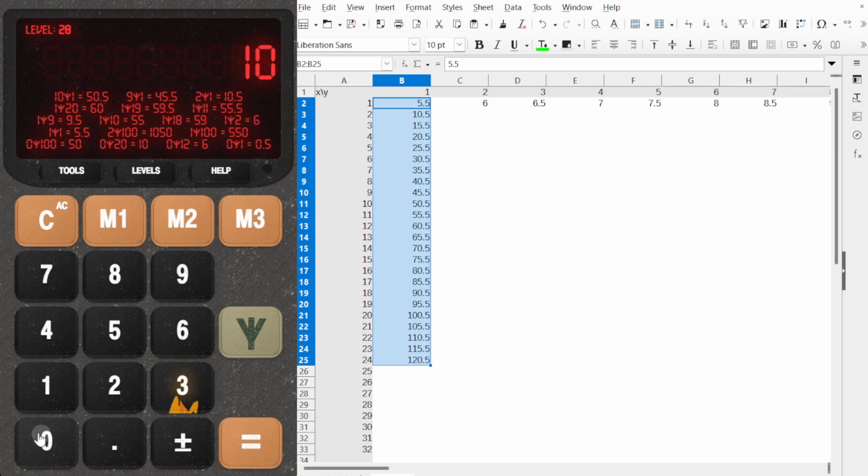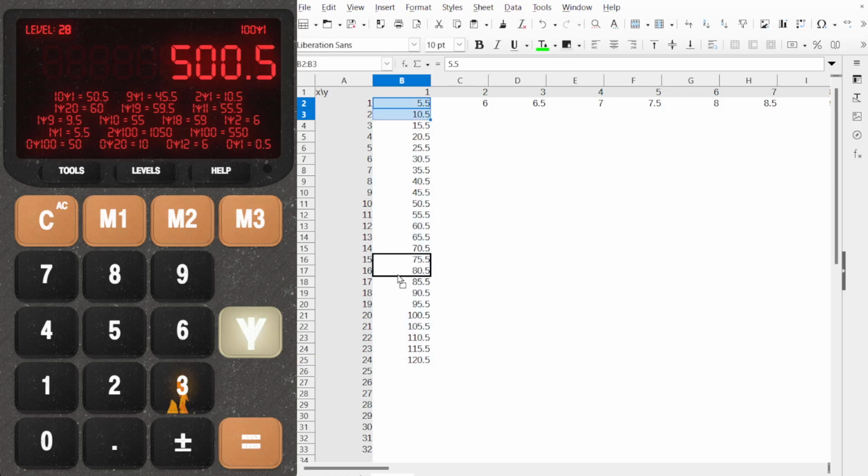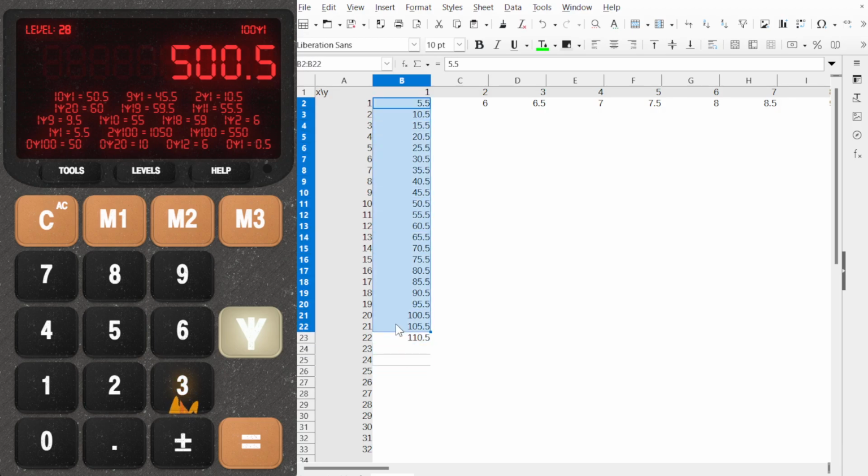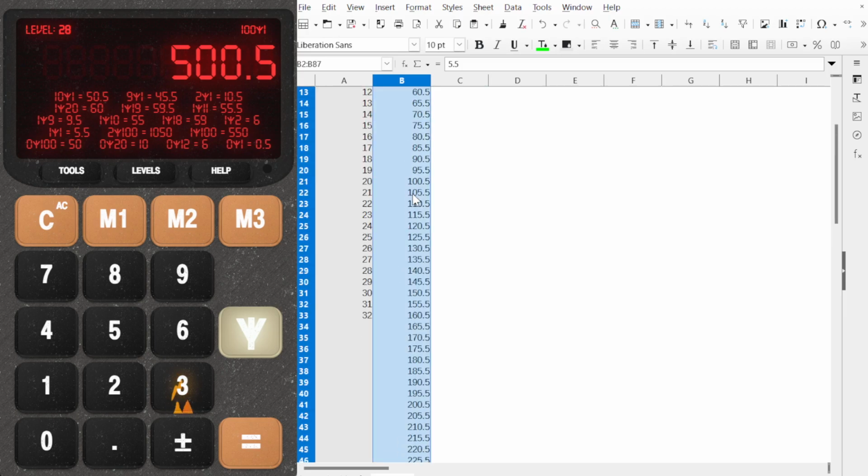So let's just say, for argument's sake, 101. 500.5. So this function behaves completely normal, and I could select all this and drag this out into infinity, and it would still work.